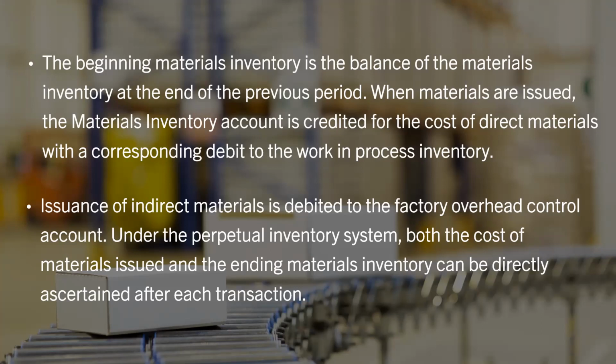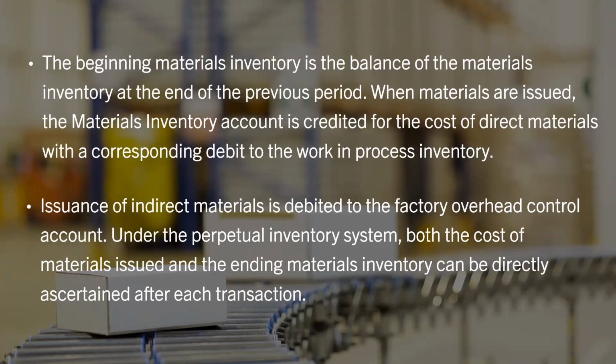When indirect materials are issued, it is also credited to materials inventory since our materials physically decreased, and it will be debited to the factory overhead control account since indirect material is considered a component of your factory overhead.